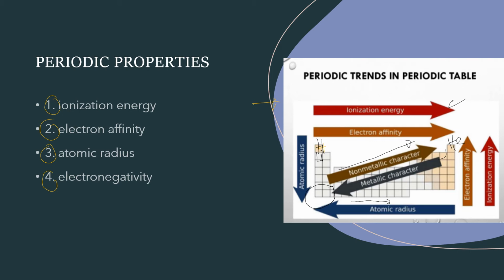Why decreasing? Because the electrostatic force between the positive protons and negative electrons in the outer shell of the atom increases. So the atomic radius with the same number of shells decreases.